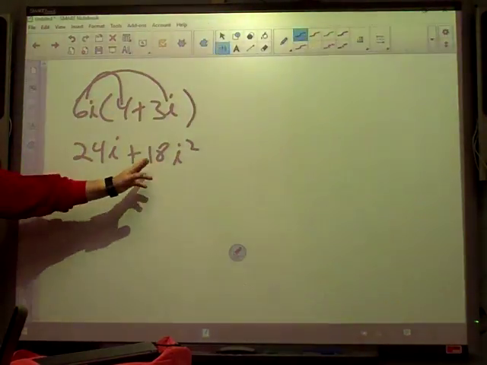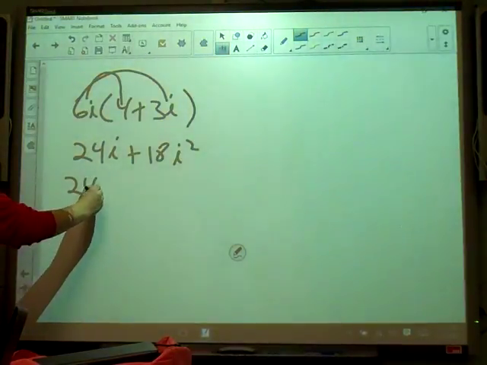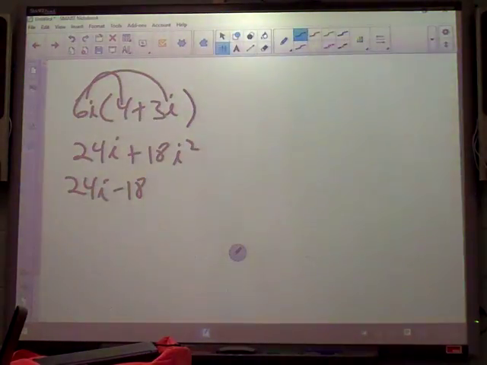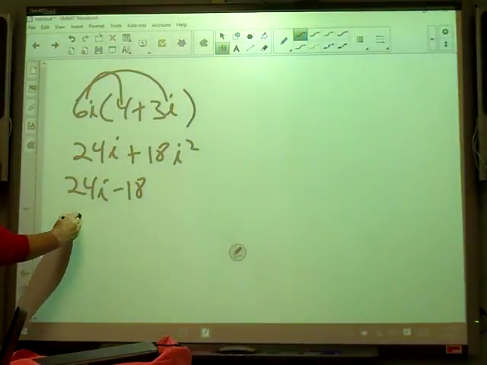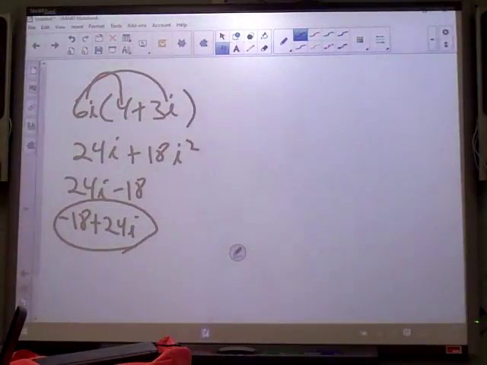Negative 1. So this means 18 times -1. So that's 24i minus 18. Right? Now I'm ready to get it in standard form. We're just going to flip it, put the real number first. -18 plus 24i.